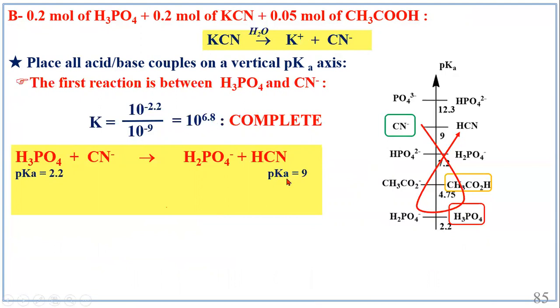I have pKa 9 minus 2.2, which happens to be 6.8. You could also use the Ka scale: Ka of the acid on the reactant side divided by Ka of the acid on the product side, and you get your K reaction. Huge, relatively. It's greater than 10 to the 6, so definitely complete.